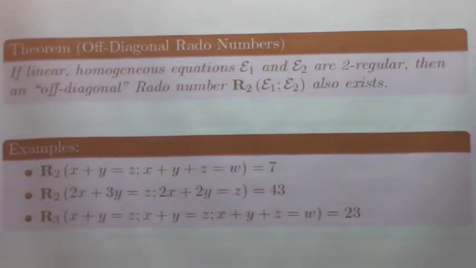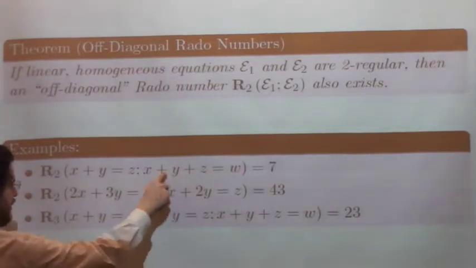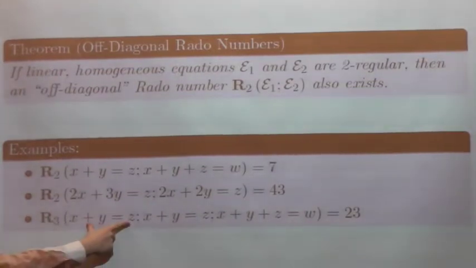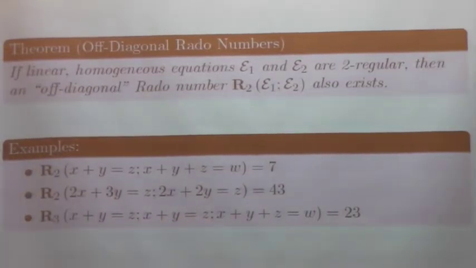And the last one, again, x plus y equals z, x plus y equals z, and then the same equation as above. So we can assign the same equation to 2 of the 3 colors if we want. This is to color 1 and to color 2, but something else is assigned to color 3. And that's okay. If they were all the same, then it would sort of collapse trivially into our previous definition.